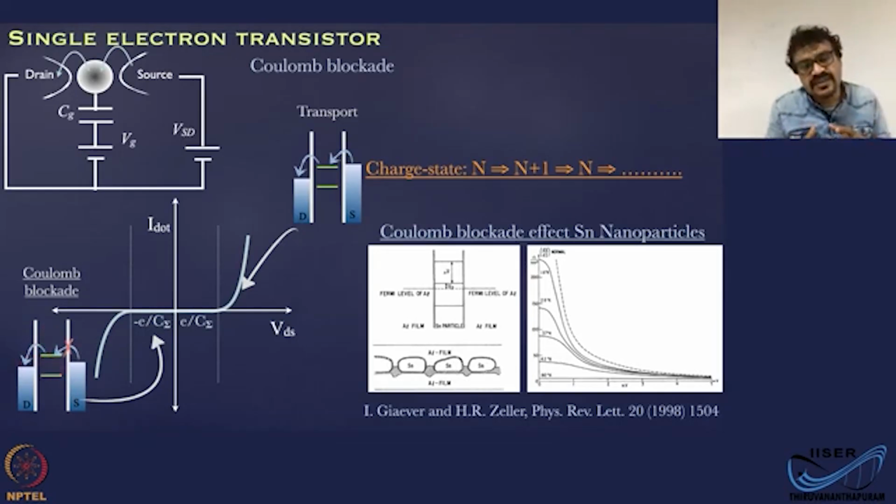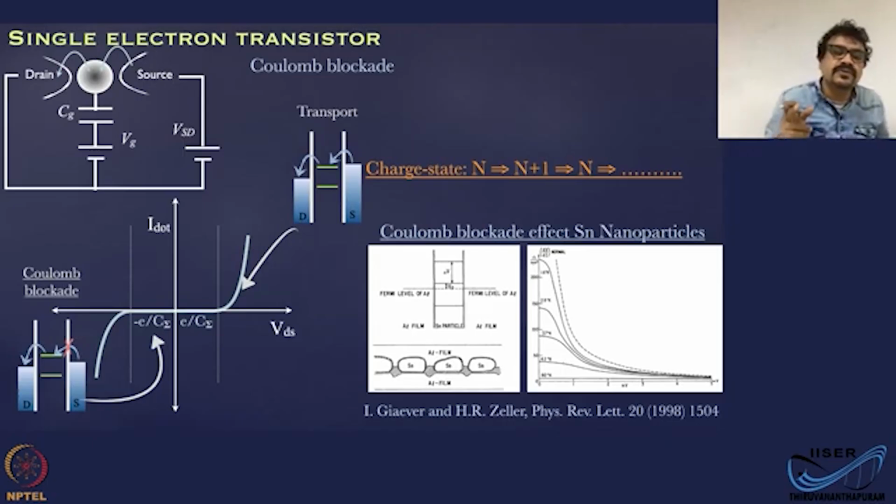Or you can also say that when you have low voltage, you don't have enough energy to overcome the single electron charging energy required for single electron charging, which is e square by C sigma, because e square by 2 C sigma is for each junction. So e square by C sigma.